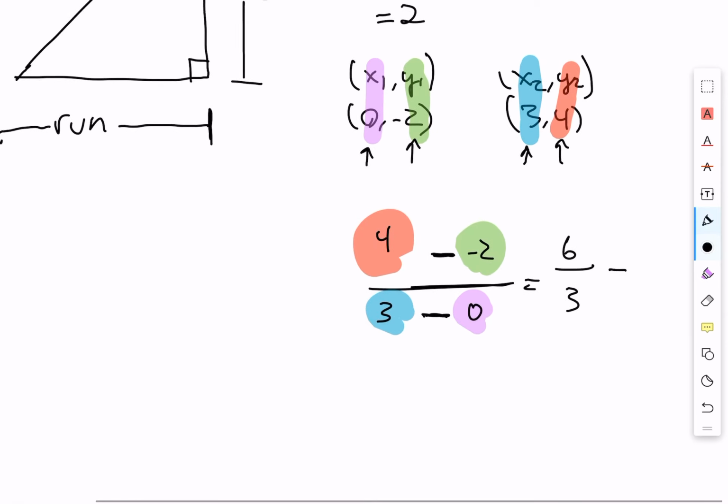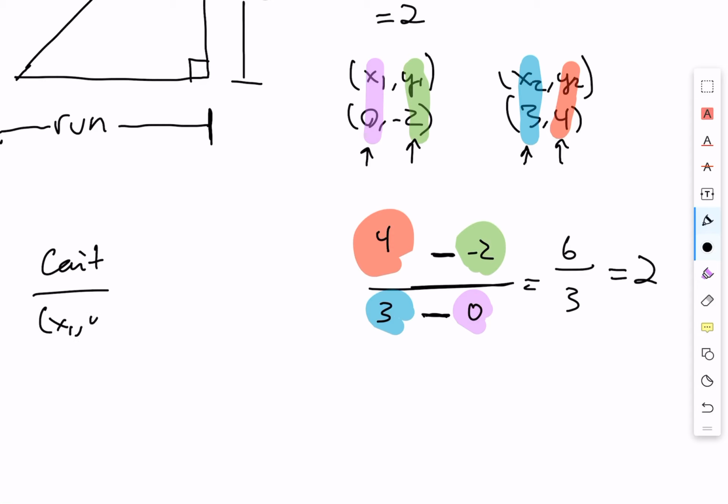Which also simplifies to 2, right? So like I said, as long as you pick a point and call it x1, y1, you're good. You can't do x1, comma, y2, and then x2, comma, y1. That's bad. You have to keep the 1s with the 1s and the 2s with the 2s.